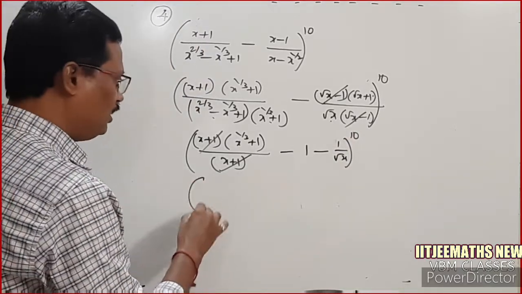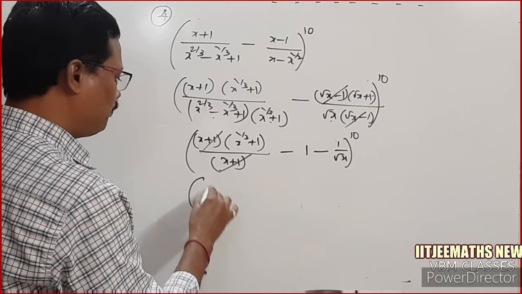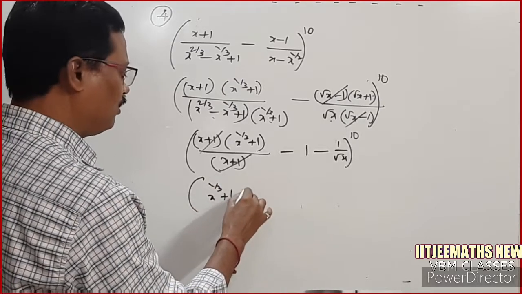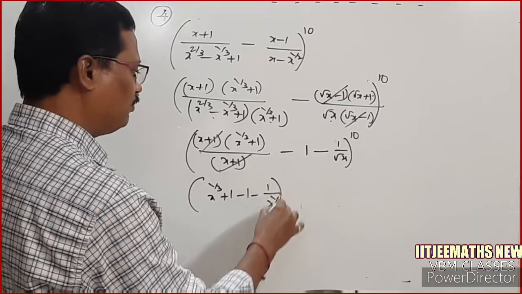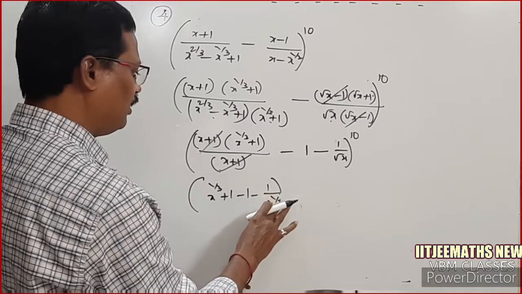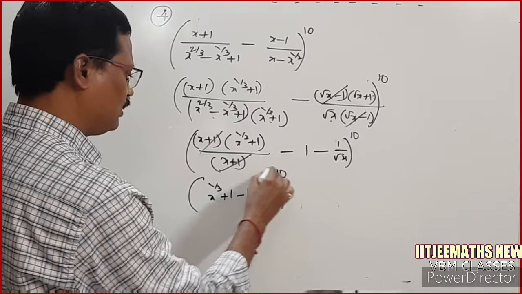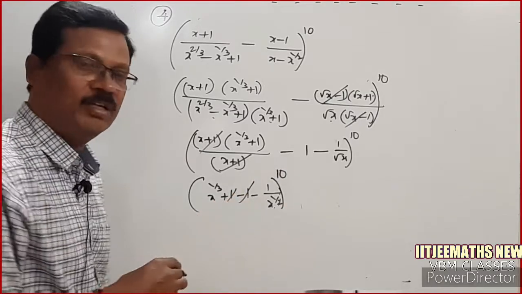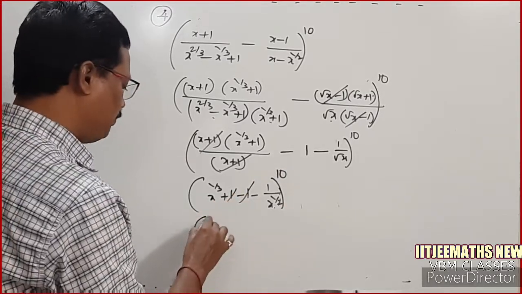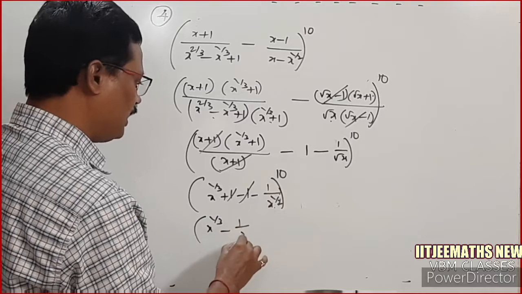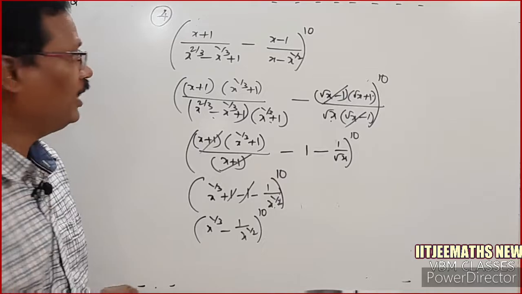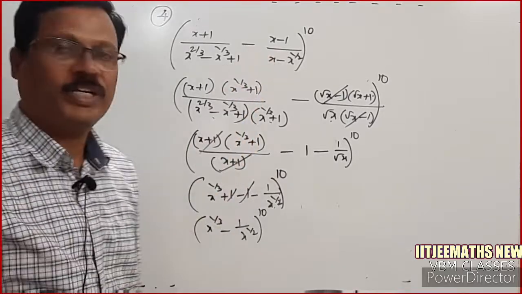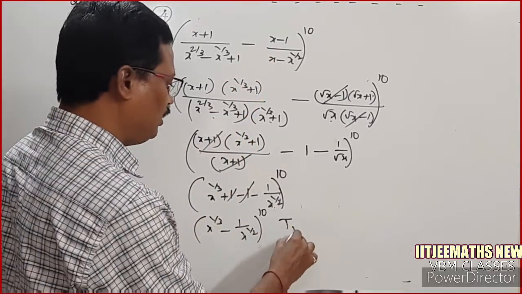Now here, if you see this, this is x power 1 by 3 plus 1 minus 1 minus x power 1 by x power 1 by 2, whole to the power of 10. Now plus 1 minus 1 cancel that, x power 1 by 3 minus x power 1 by 2 whole to the power of 10. Right, for a term independent of x, write the general term T R plus 1.